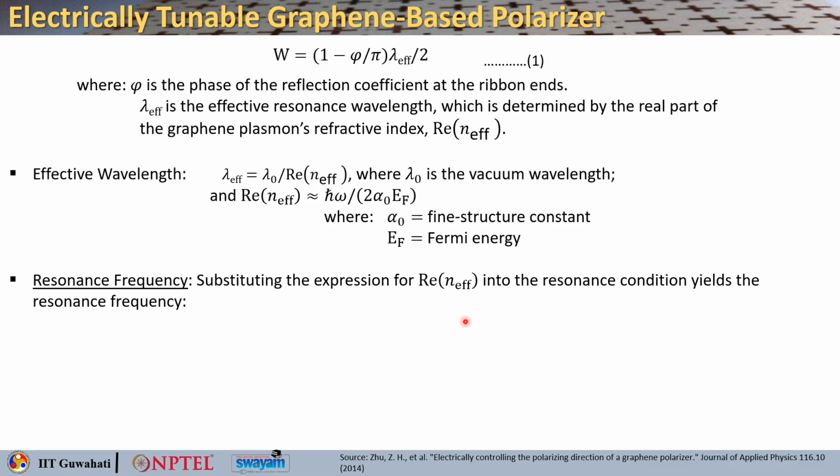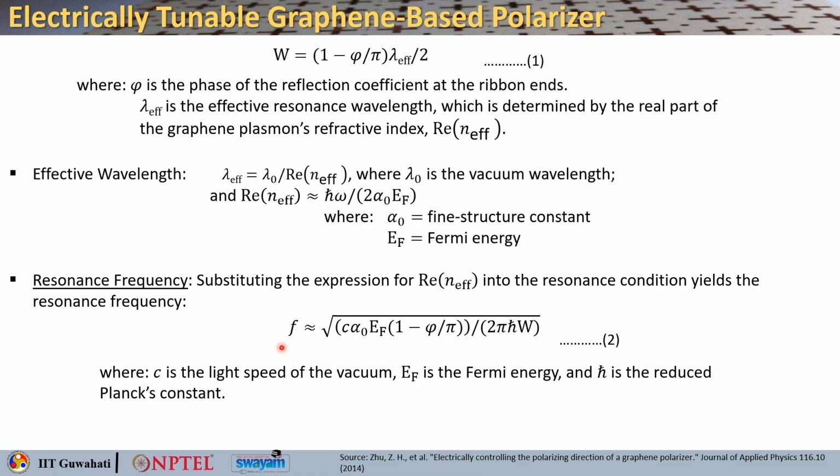You can do that by substituting the expression for the real part of N effective into the resonance condition we have seen here, and that gives you the resonance frequency F, estimated as the square root of C times alpha naught times EF, where C is the speed of light in vacuum, alpha naught is the fine structure constant, and EF is the Fermi energy, and then you have (1 minus phi by pi), the whole thing divided by 2 pi h bar times W. Here h bar is the reduced Planck's constant, all other terms are already discussed, and W is the width of the ribbons.